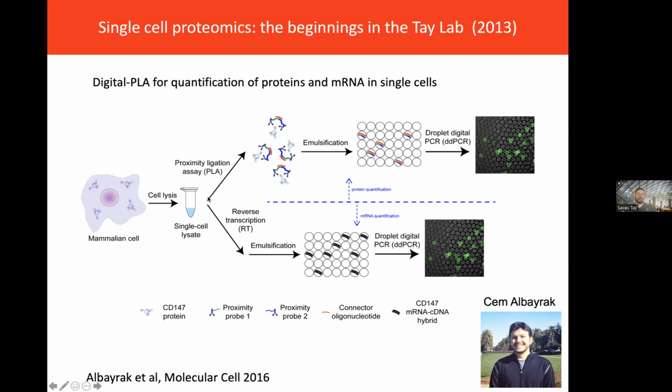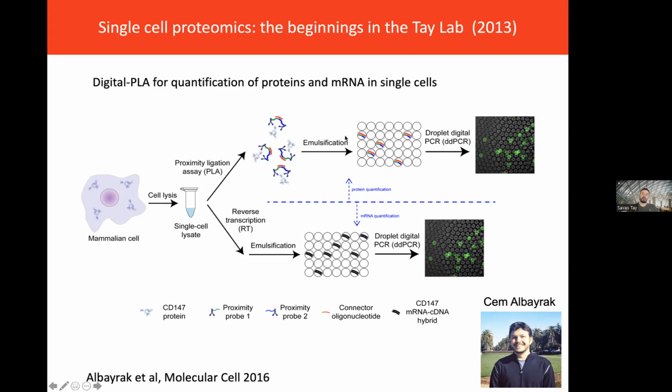Moreover, you can also take part of the lysate, combine it with these proximity ligation probes, and then run digital PCR on them to measure the proteins. Here's how it goes. You have individual proteins, and two antibodies bind to them. Each antibody has a piece of DNA that is specially designed so that when the antibodies are close enough in space, there's complementarity, and you create double-strand DNA.